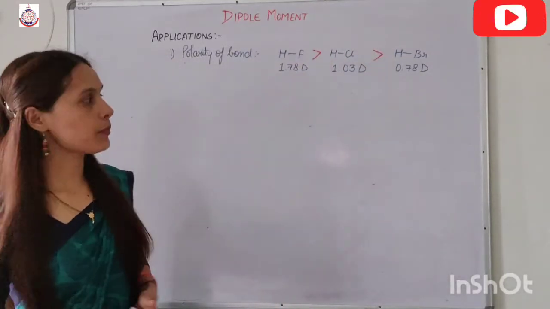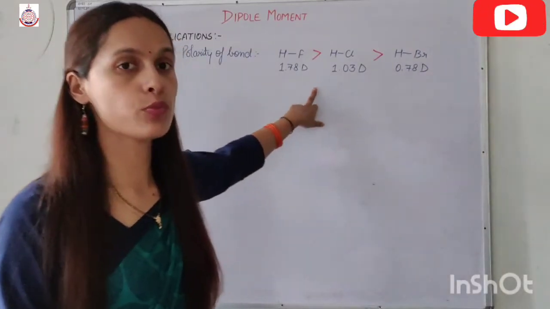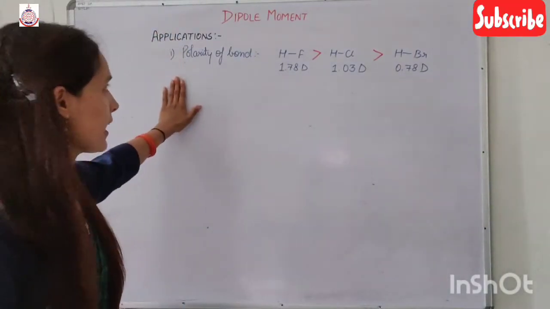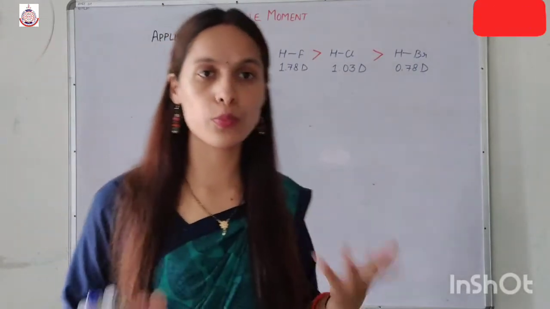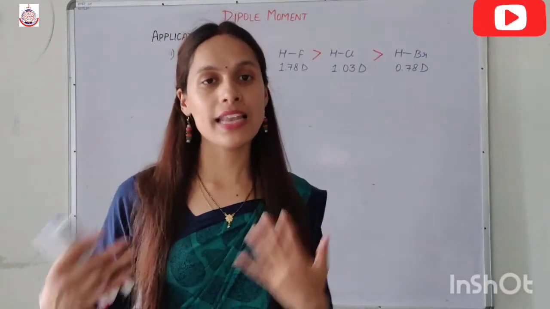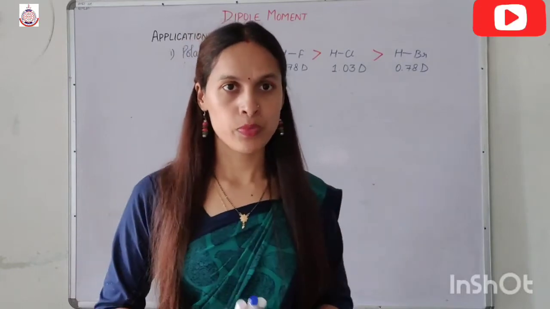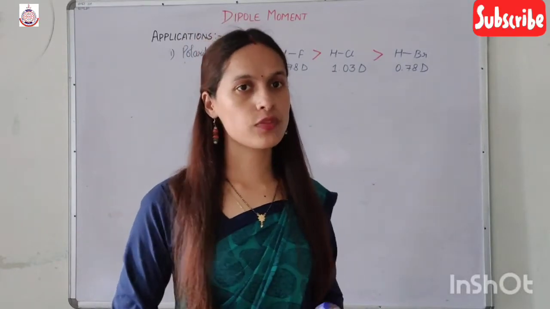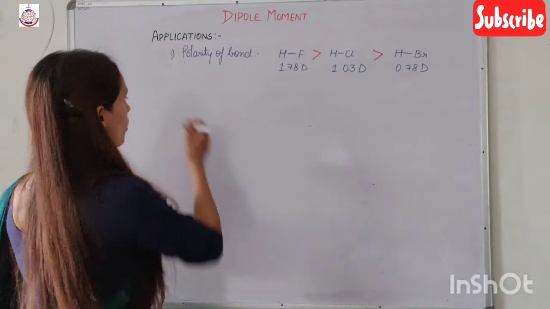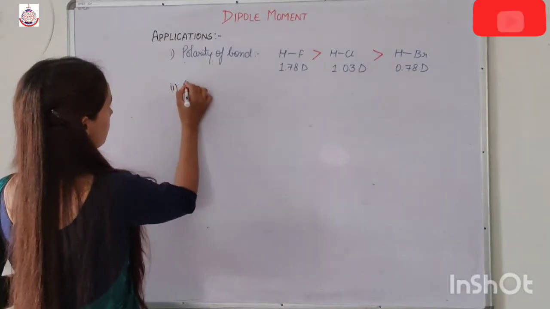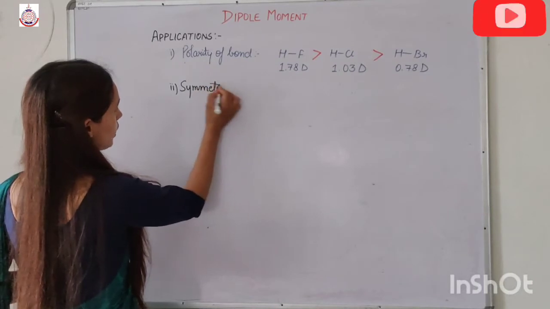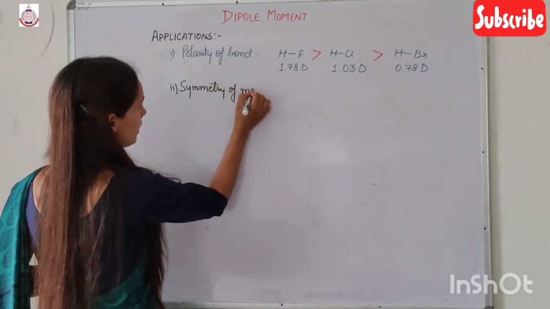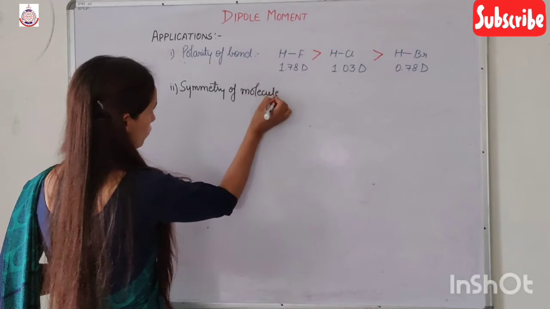So with the help of the value of the dipole moment, we can easily find out which bond is more polar and which bond is less polar than the other. So this is the first application of the dipole moment. Now the second application of the dipole moment is in determining the symmetry of a molecule.